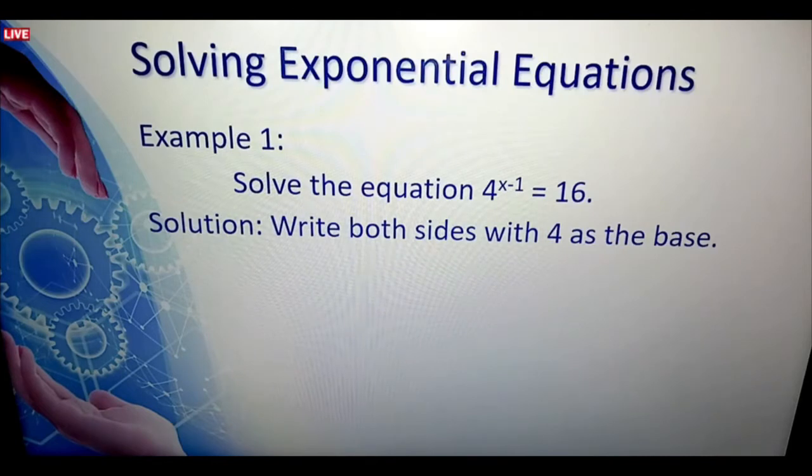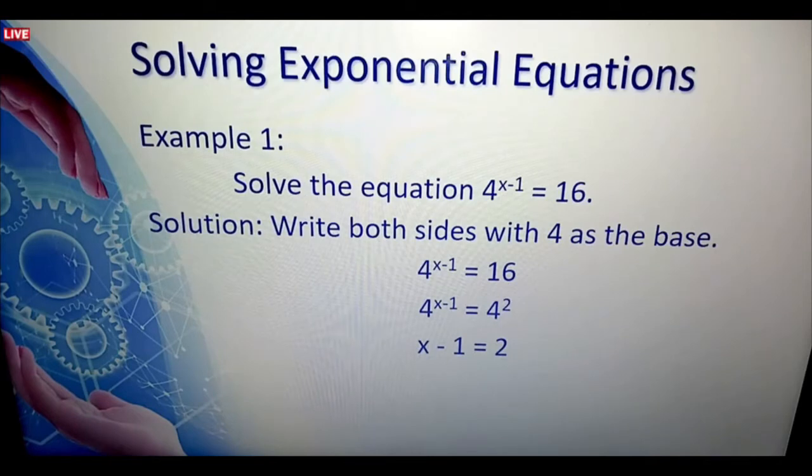Since the left side has base 4, on the other side you can make 16 into base 4 with an exponent of 2. Remember, 16 is the result of 4 raised to 2. Okay?